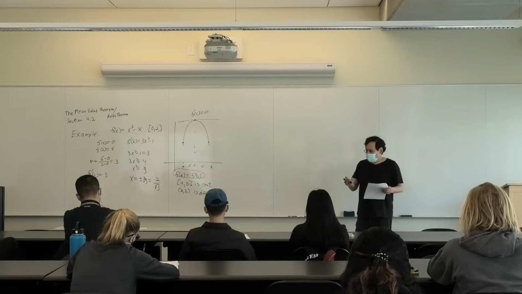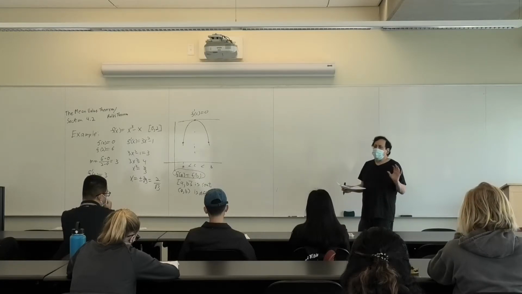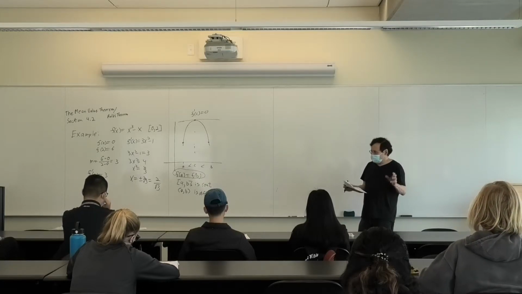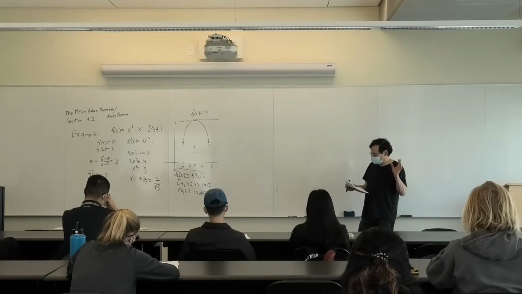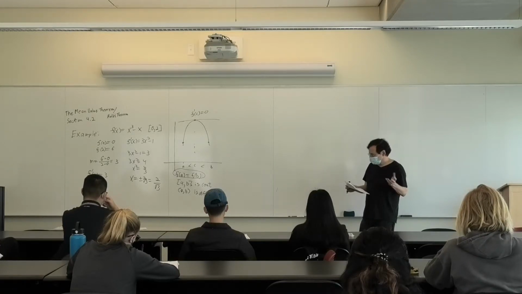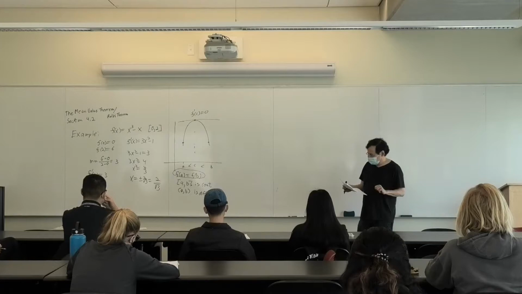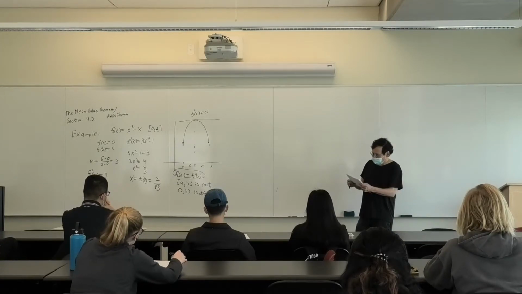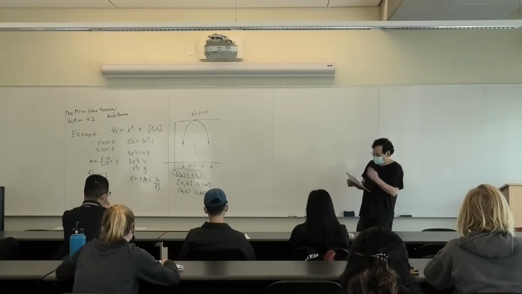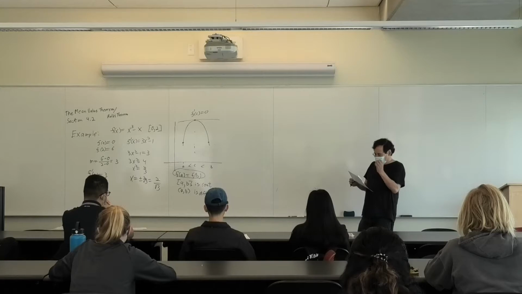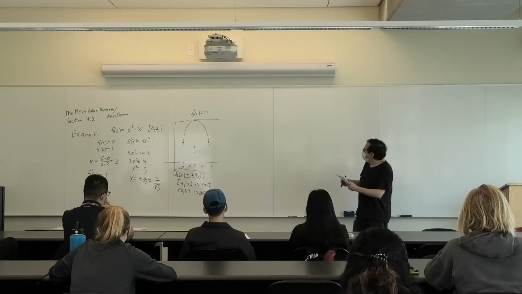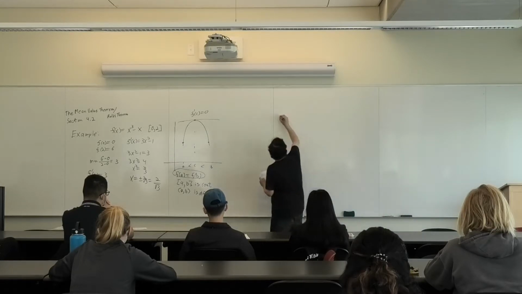Okay, so we are going to do something real with this theorem. It's not going to be of much importance to our class, but it'll give you a feel for the type of things that mathematicians like to do. Let's say you have some function.